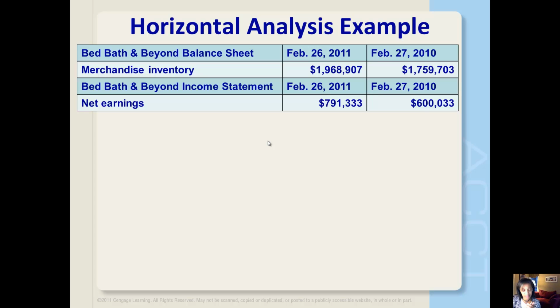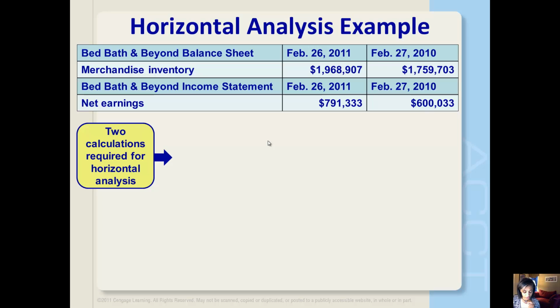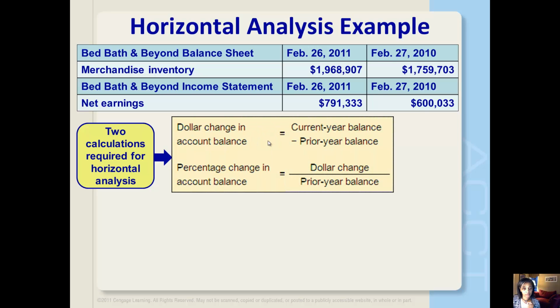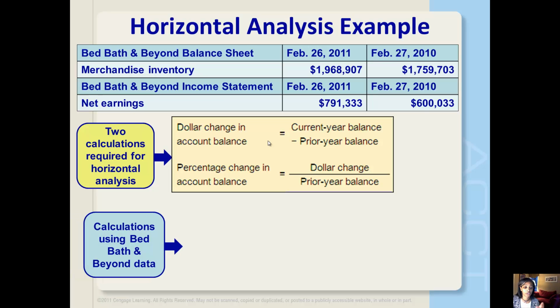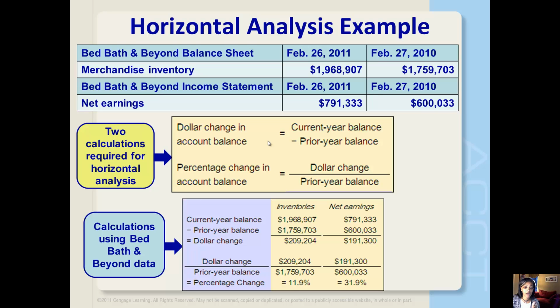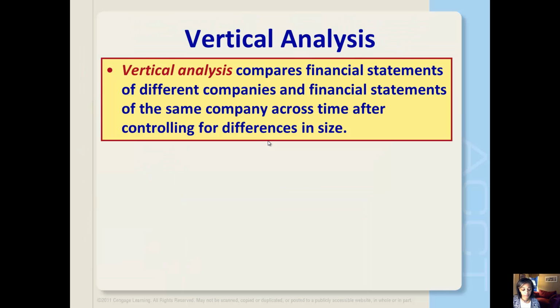The analysis calculates both the dollar and the percentage change in each account on a financial statement. Here you see the formulas, not really complicated formulas, for the dollar change and the percentage change in the account balance. Now, using Bed Bath & Beyond's numbers, we apply those formulas, and now we have the changes for these two accounts that we're looking at, inventory and net earnings.